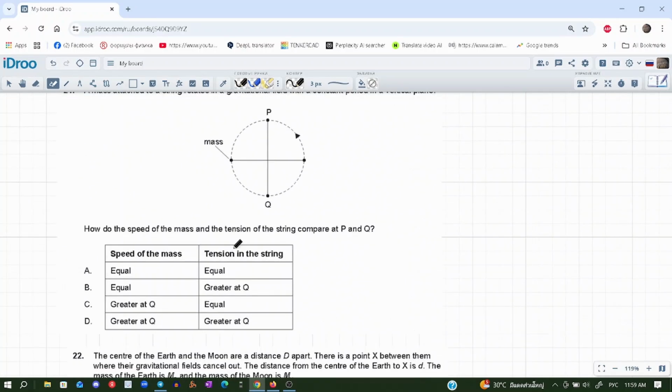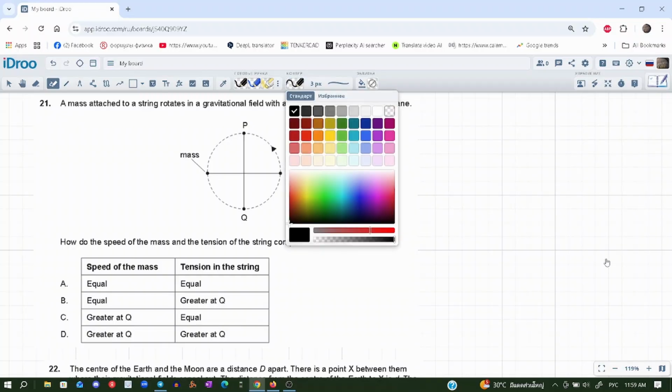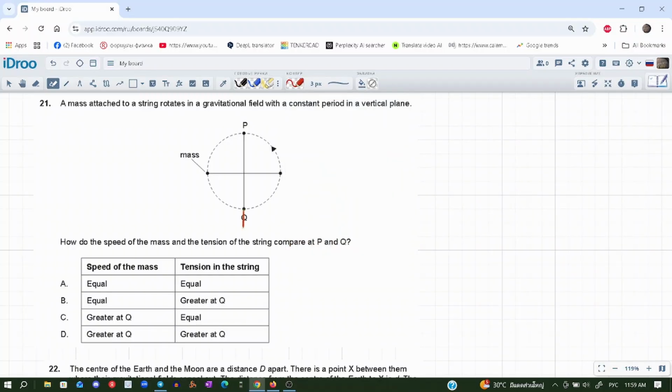Number 21. A mass attached to a string rotates in a gravitational field with a constant period in a vertical plane. How do the speed of the mass and the tension of the string compare at P and Q? At point Q, we have the gravitational force. The weight is like this, right? Here the weight is like this as well. But tension is directed upwards here, and it's directed downwards here.